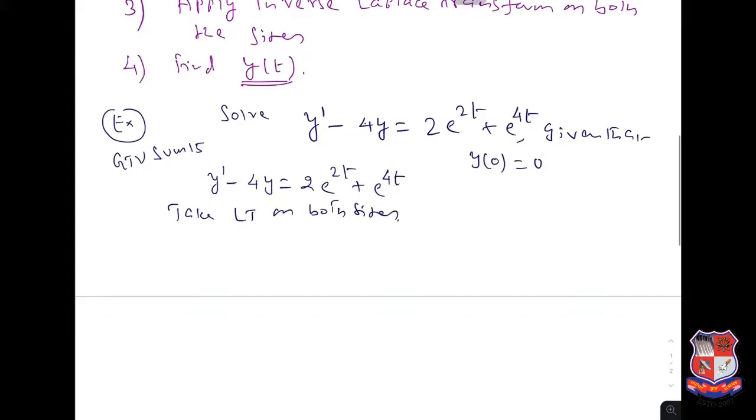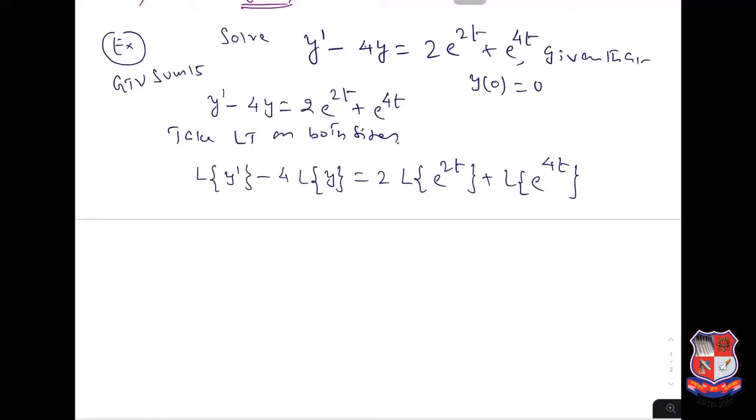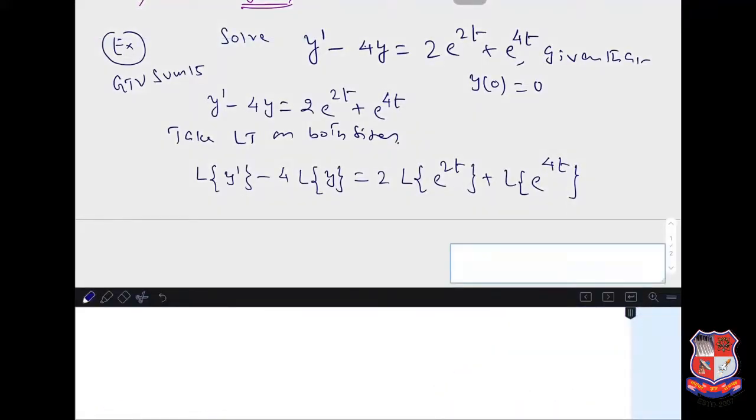Then we are having Laplace transformation of y dash minus 4 Laplace transformation of y equal to 2 Laplace transform of e power 2t plus Laplace transformation of e power 4t. We have used the linearity of Laplace transformation.